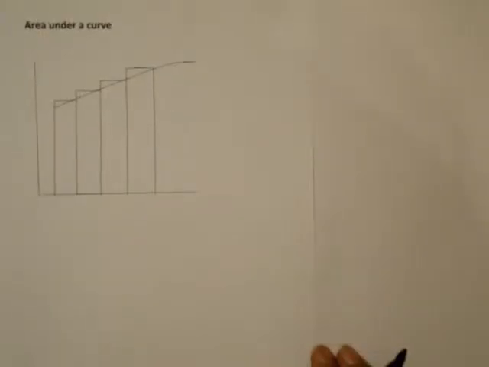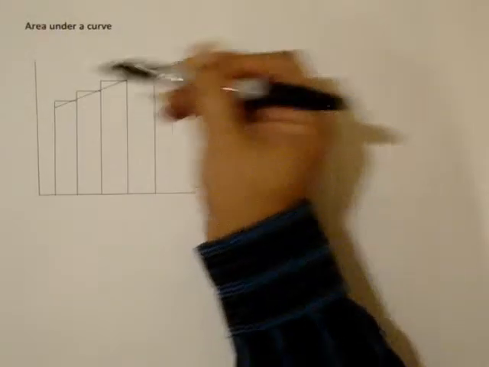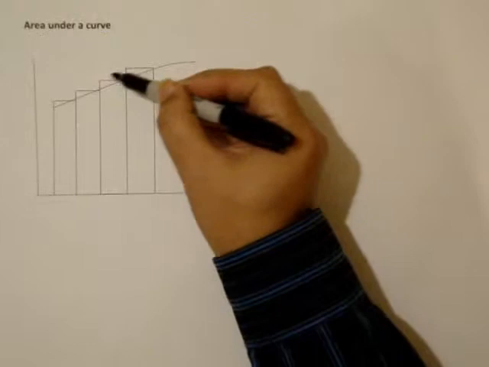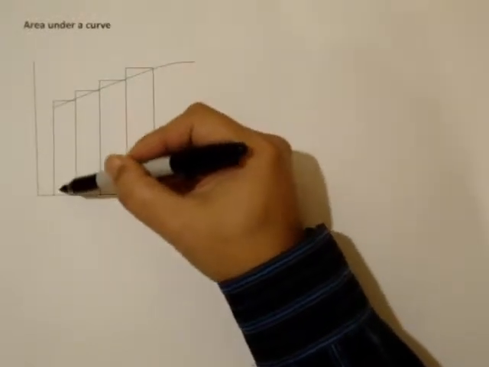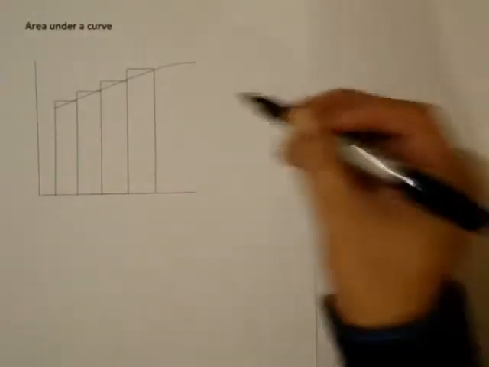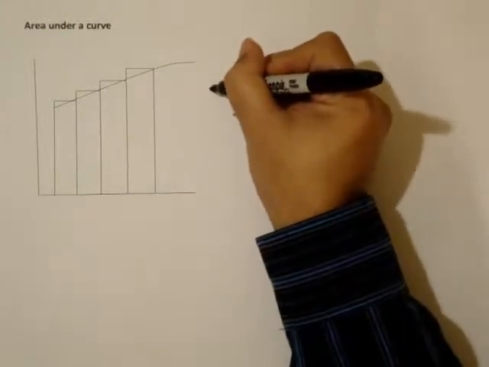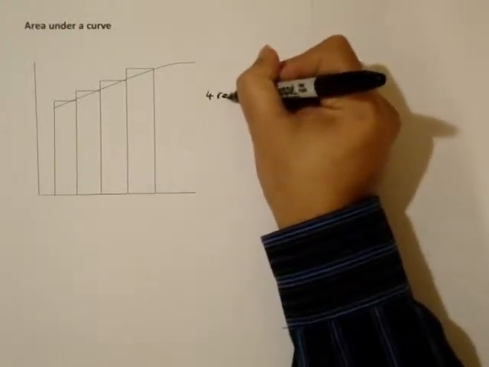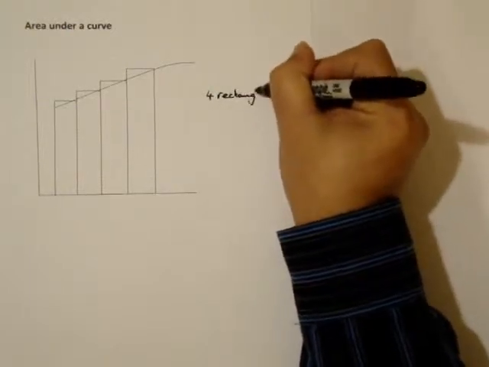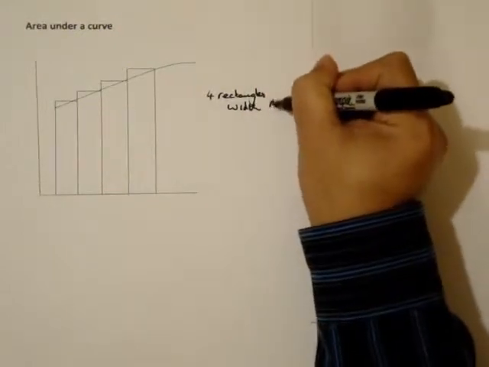In this case of estimating the area under a curve, we're going to take again rectangles, but the right hand side of the rectangle touches the curve, and then we work out the area of the rectangle to estimate the area. Again, we have in this case 4 rectangles of width delta x.